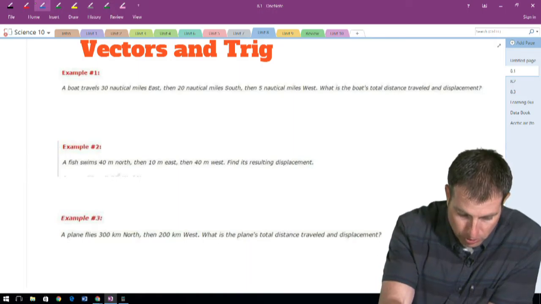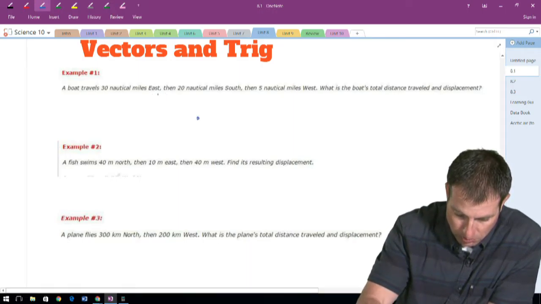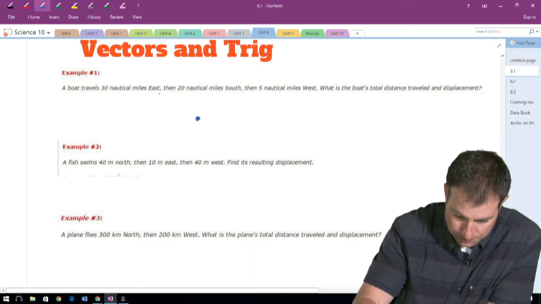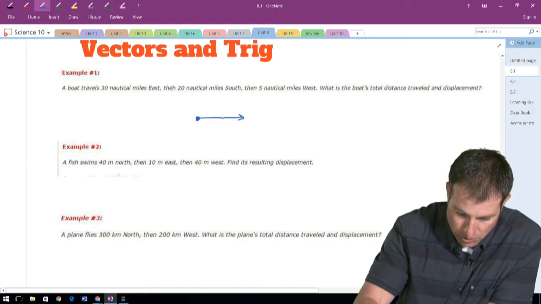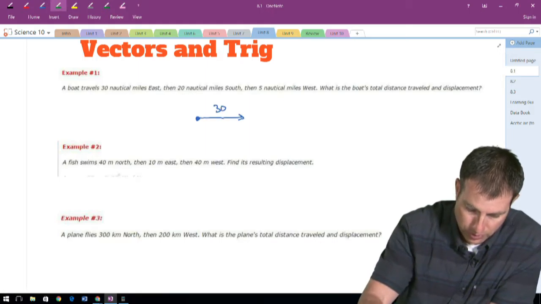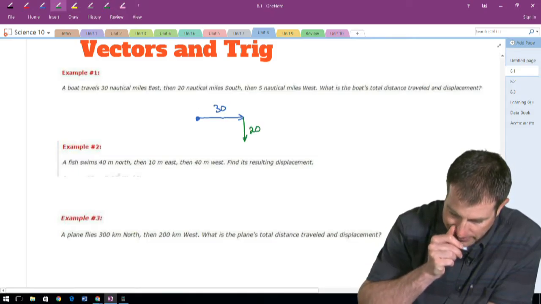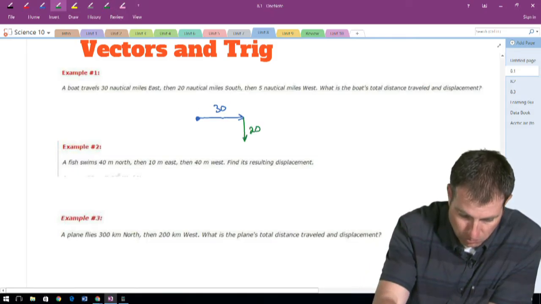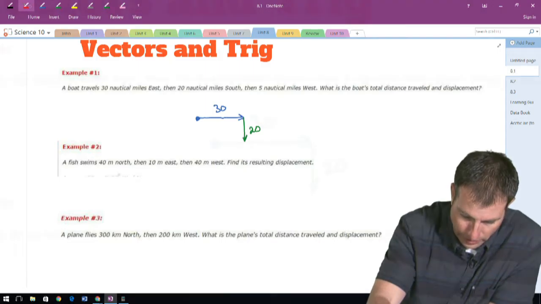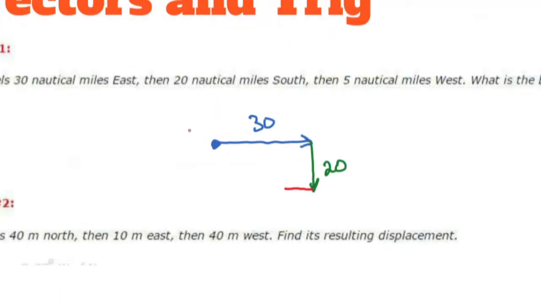A boat travels 30 nautical miles east, and then 20 miles south, and then 5 miles west. What is the boat's total distance traveled and the displacement?